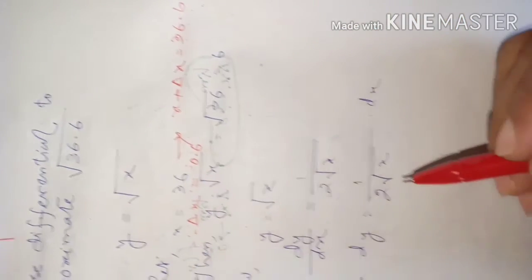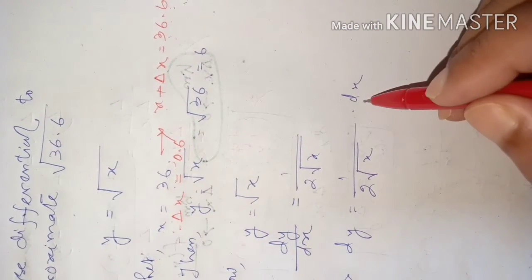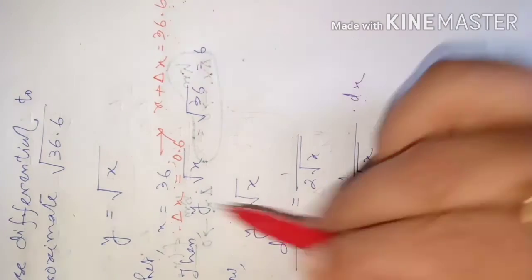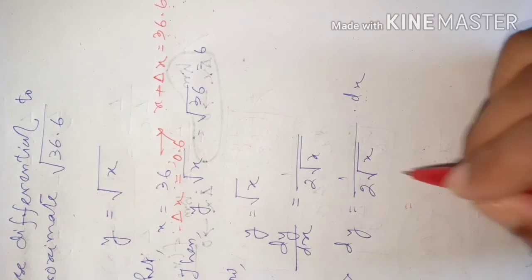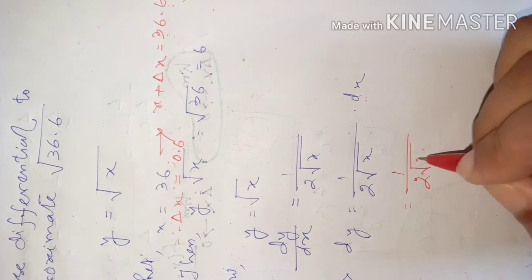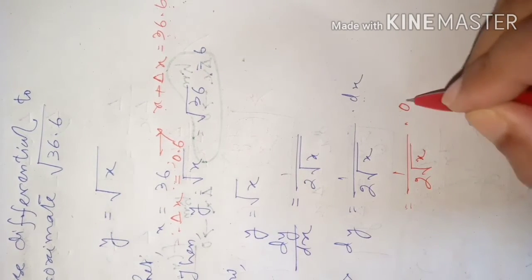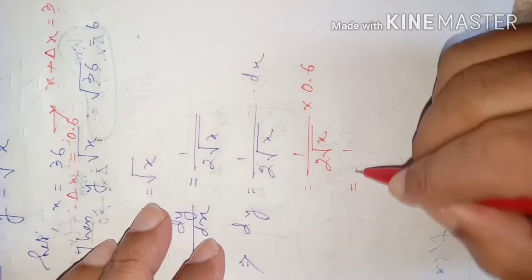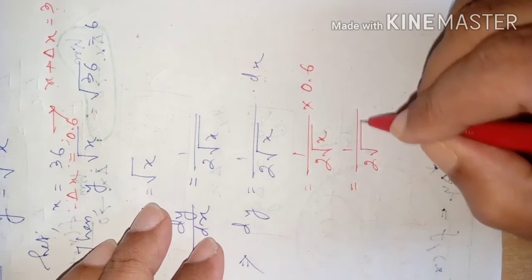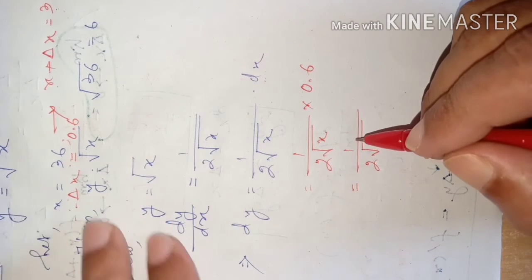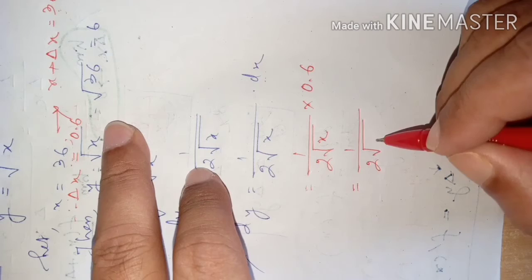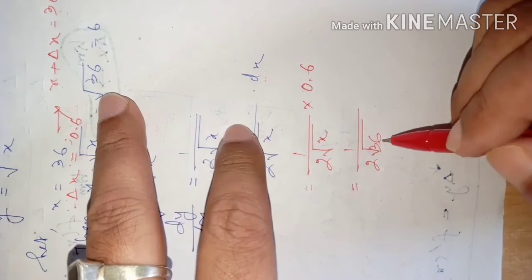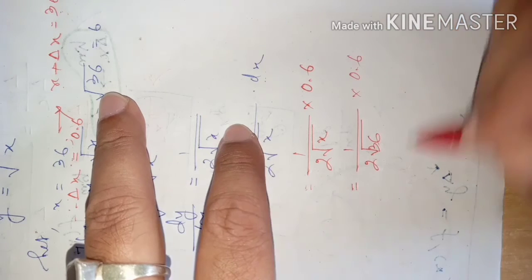Now dear students, as I told you before, dx is equal to delta x. So here we can put 0.6. So it will be 1 by 2 times under root x into 0.6. What is under root x? That is equal to 6, because x is 36, so it will be 6 only.